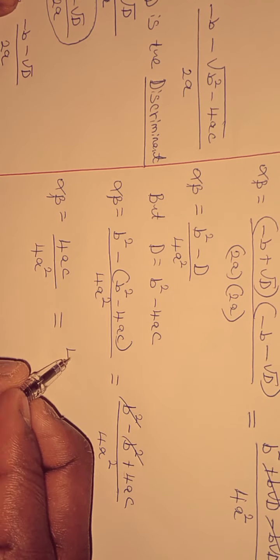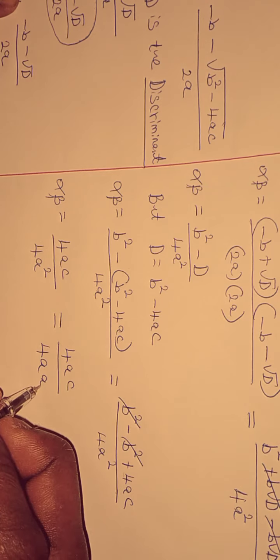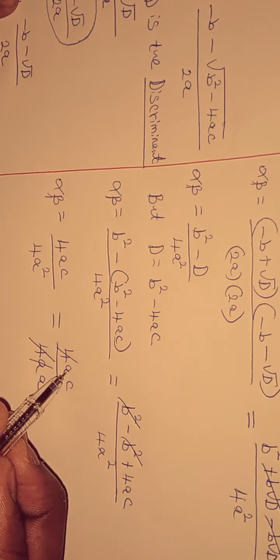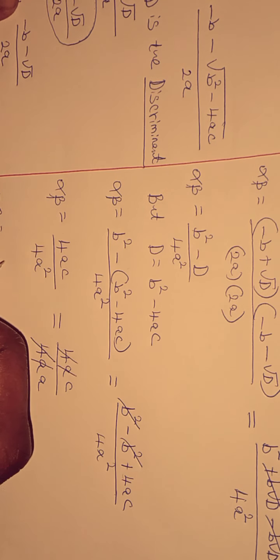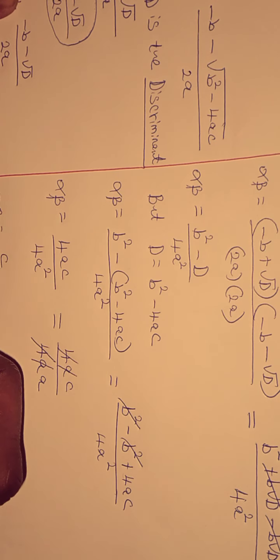This means 4ac over 4aa, and then 4 cancels 4, a cancels a, then alpha beta is equal to c over a.